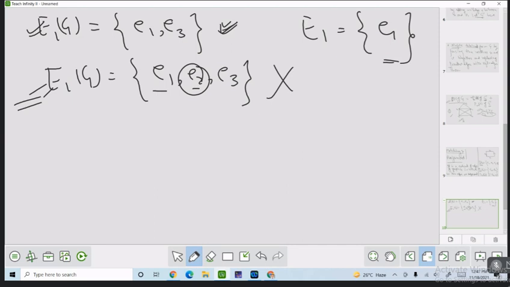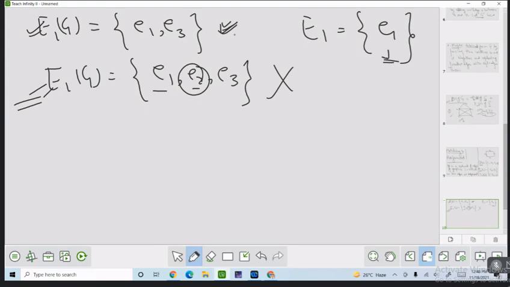Tell me, is a single edge a matching or not? A single edge is a matching because it is not adjacent to anyone. So an individual edge is also a matching.